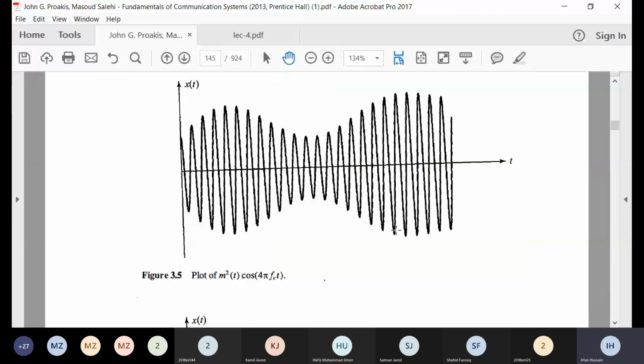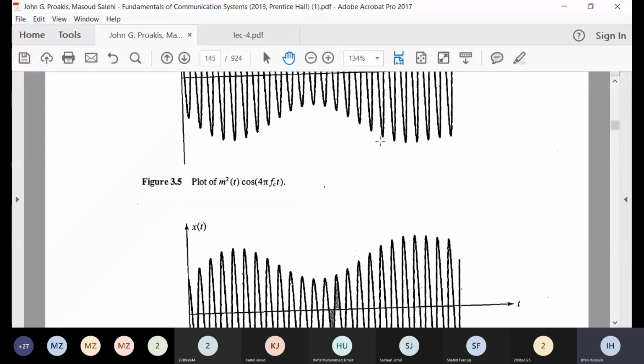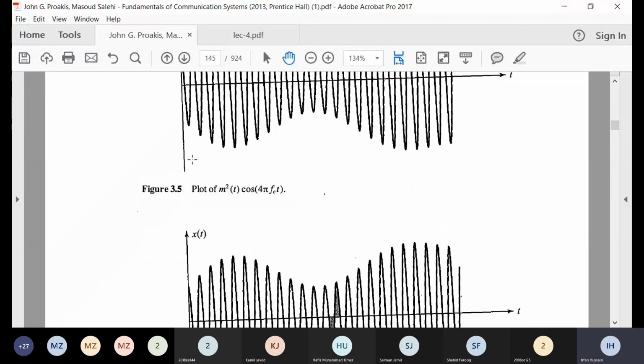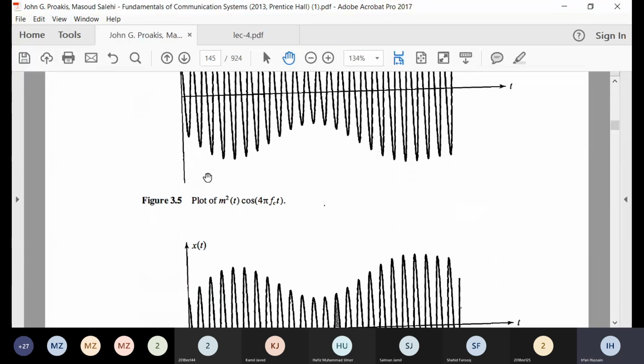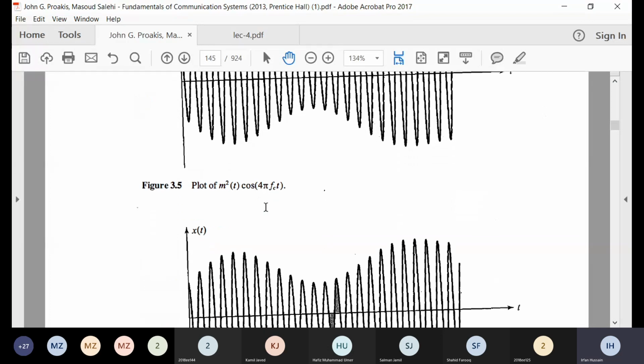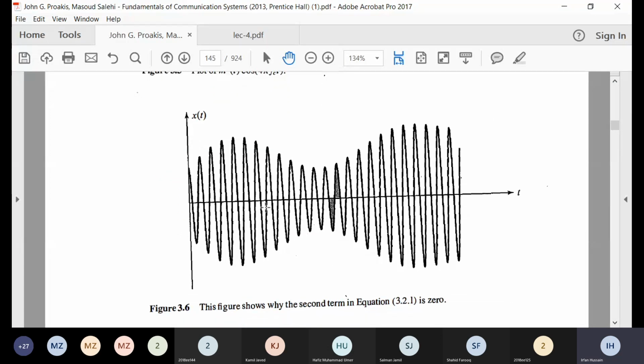This is also shown in the figure. This is your x of t. This is your m square cos 2 pi 4 fct, and here he is showing that this and this are both opposite. Similarly, this and this are opposite.